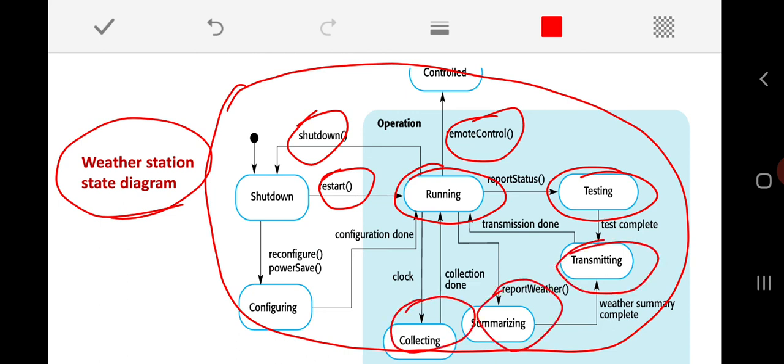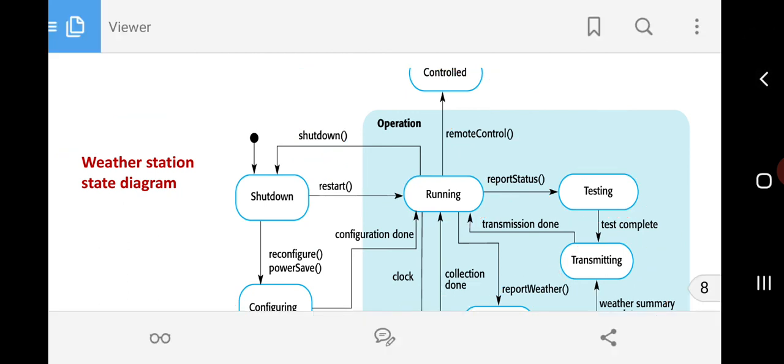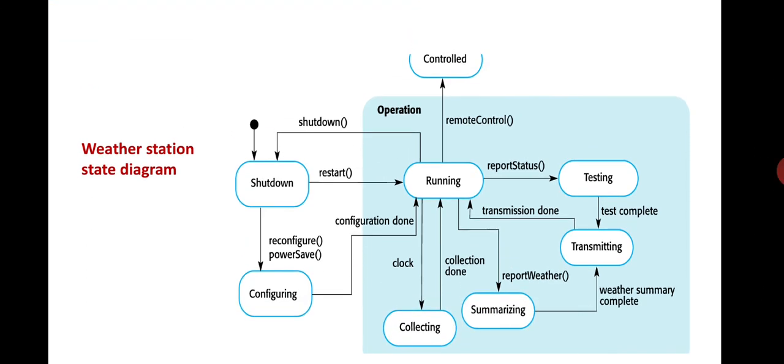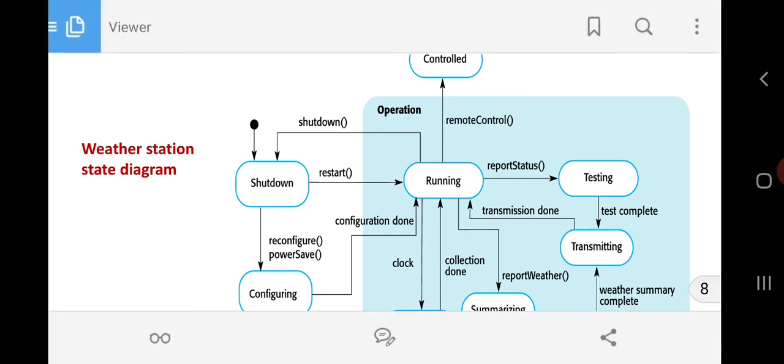So, this is how we develop the design models like the state machine model, sequence models, subsystem model, or use case model, whatever it may be. There are different types of system models that we might have studied in our previous chapter. They are all useful in object oriented design.